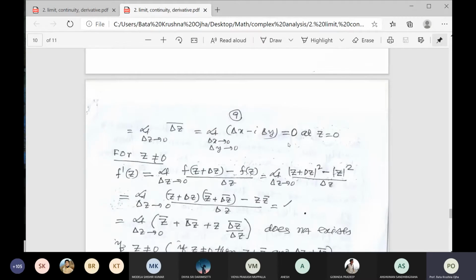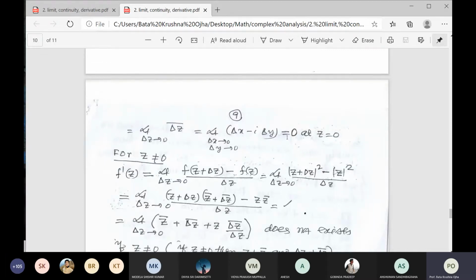I have told you about the approaching method: it can be approached through any path. If you write y is equal to mx, here del y is equal to m del x. So taking del x common, it is automatically 0.